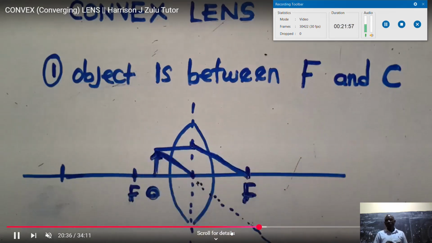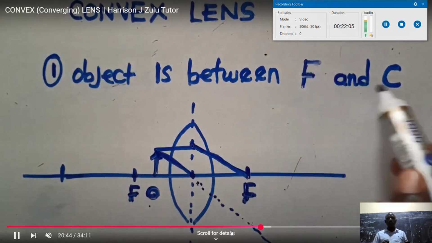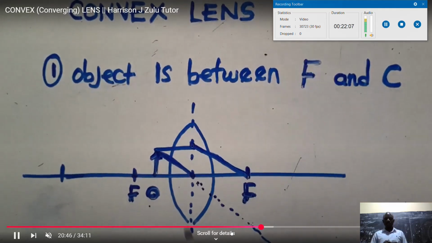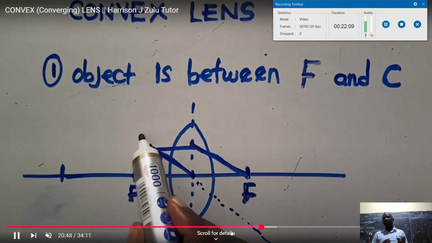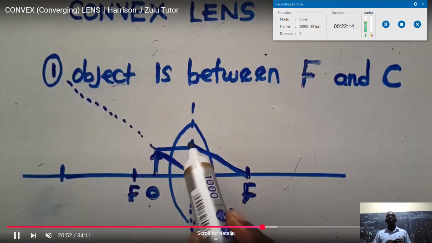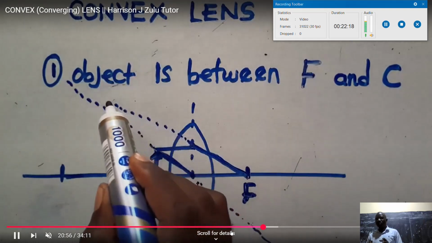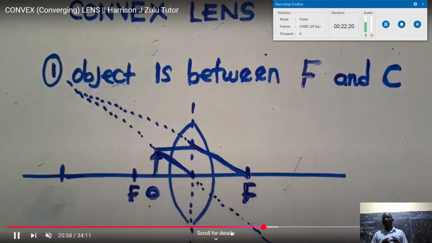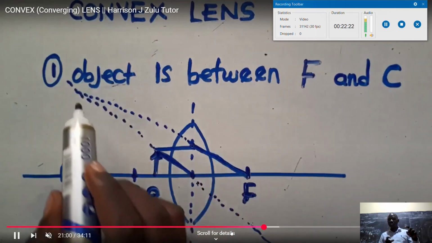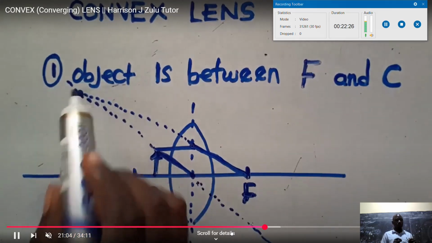Now, when we try to extend these rays, our ray which is passing through F, we shall prolong it with that dotted line, and also this other ray which was passing through F, we shall prolong it that way. Now, where the two dotted lines meet, that's where our image is formed.